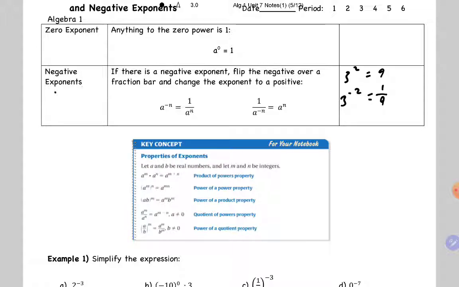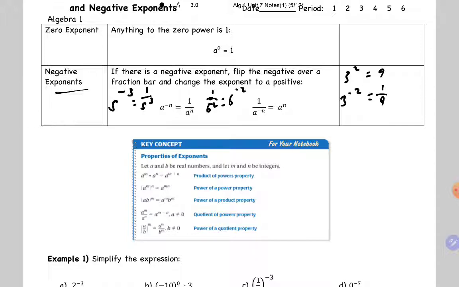And that's what this second rule here is. If you have a negative exponent, let's say 5 to the negative 3, that is the same thing as 1 over 5 to the positive 3. And vice versa. If you had 1 over 6 squared, that's the same thing as 6 to the negative 2.